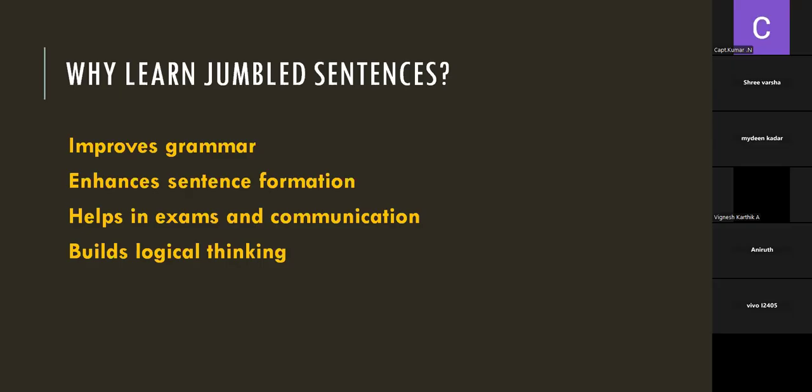Here, we just want to know the importance of grammar and thinking. Jumbled sentences help you understand grammar rules and improve sentence formation. It also helps in exams and daily communication.